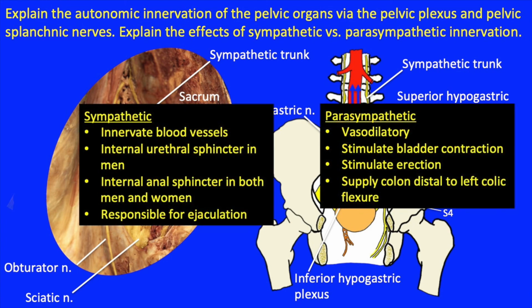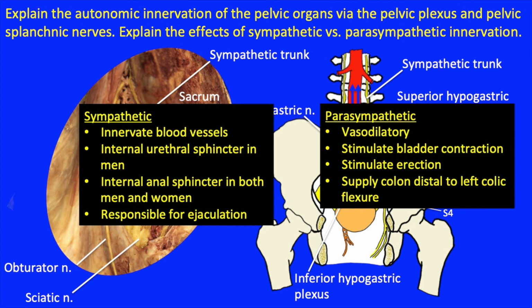In very general terms, I've listed the functions of the sympathetic and parasympathetic nerves in the slide. The sympathetic nerves from the plexus innervate blood vessels, cause contraction of smooth muscles in the internal urethral sphincter in men (women do not have an internal sphincter), and in the internal anal sphincters in both men and women, and cause smooth muscle contraction in the reproductive tract associated with ejaculation.